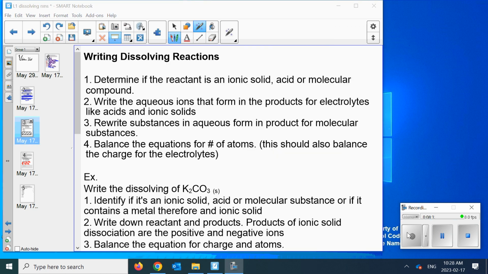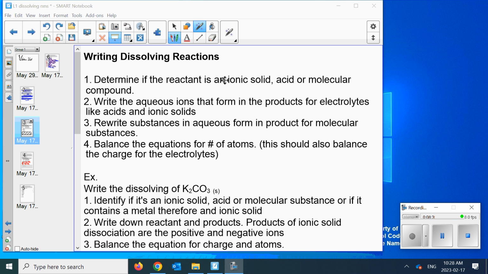We'll copy this out, but we're going to go through an example in a second. Writing dissolving reactions. First thing you have to do is figure out, is your reactant ionic, acid, or molecular compound? As far as acids, other than H2O water, we'll just assume that if I give you something that starts with an H, HCl, hydrochloric acid, H2SO4, sulfuric acid, H something, it's an acid.